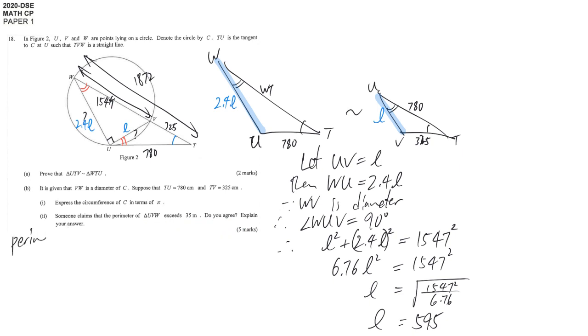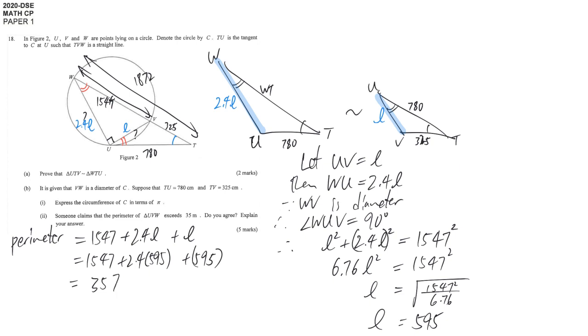So the perimeter is equal to 1547 plus 2.4 L plus L. It is 3570 cm. We are going to compare with meters, so change it back.